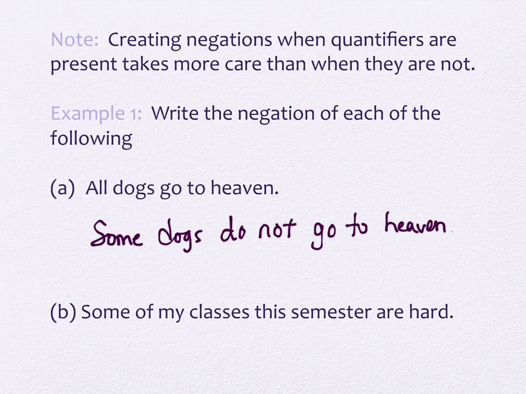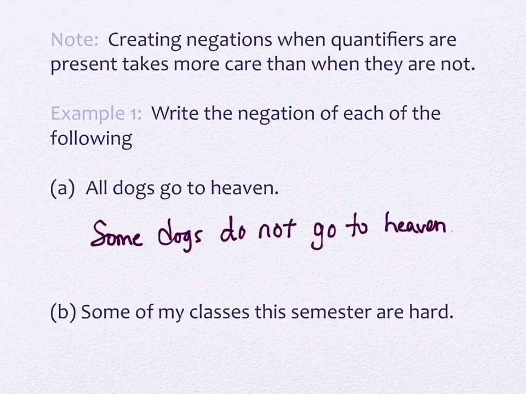Now, a couple of comments. This isn't the only thing you could write. You could say "at least one dog does not go to heaven," or "there exists a dog that does not go to heaven." Those would be okay answers as well. Totally fine. It would not be correct logically, I don't mean spiritually, but I mean logically, to change any of the rest of the phrasing.